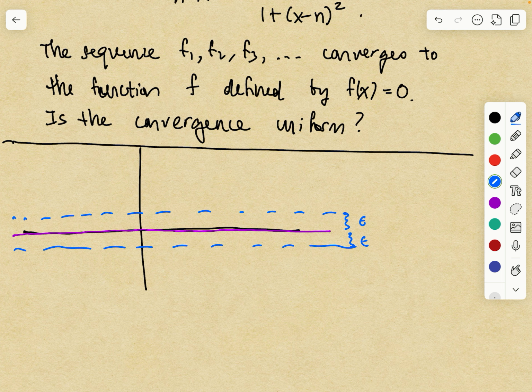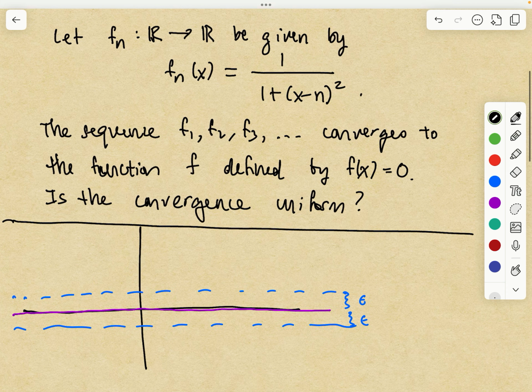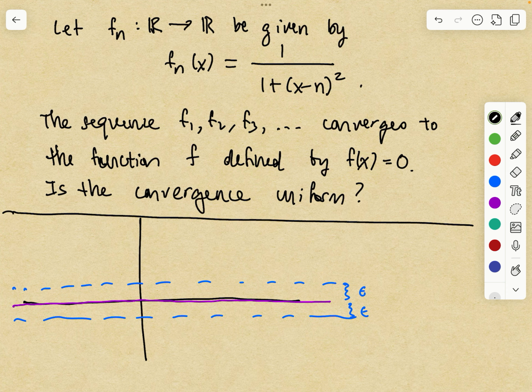Now we have to ask, does that happen? And now we have to look at the individual f sub n's. It's 1 over 1 plus (x minus n) squared. Let's look at the graph of g of x equals 1 over 1 plus x squared.